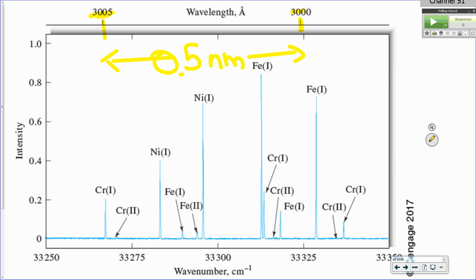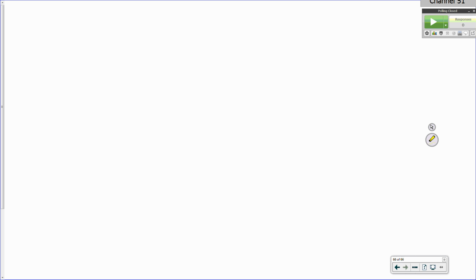So that's 5 angstroms. That window is 0.5 nanometers in size. Sometimes we have to have high resolution systems because when you go to atomic species, the peaks are so sharp. And like iron's got a number of emission lines in this one little tiny region. So there are times, we'll see this in the next chapter, where high resolution is an absolute necessity for us.